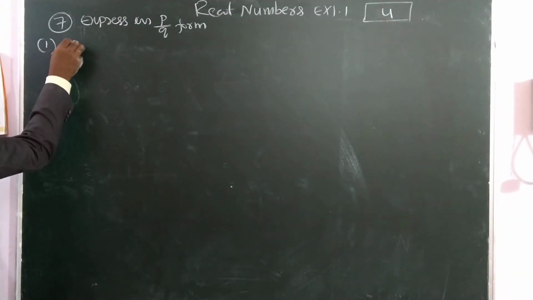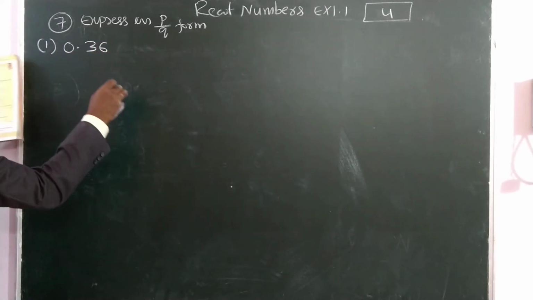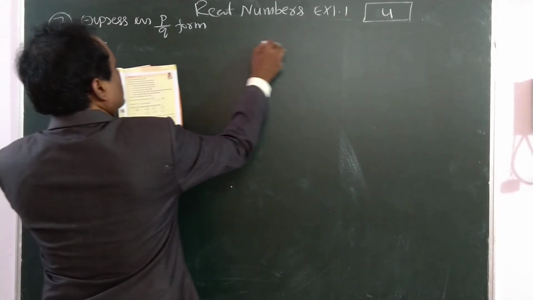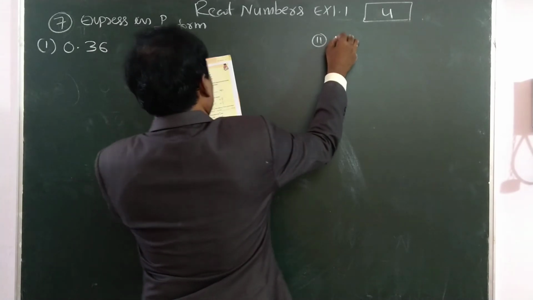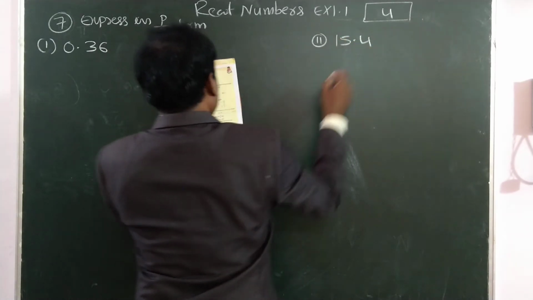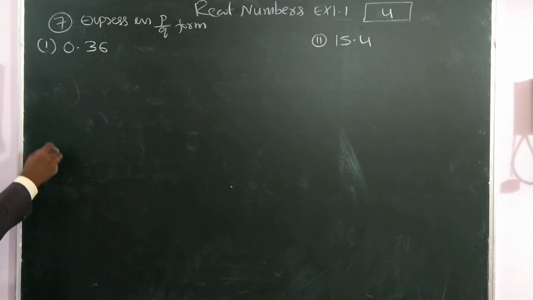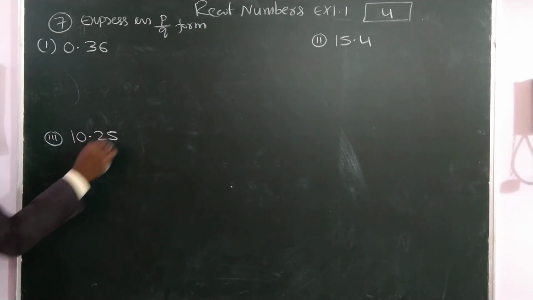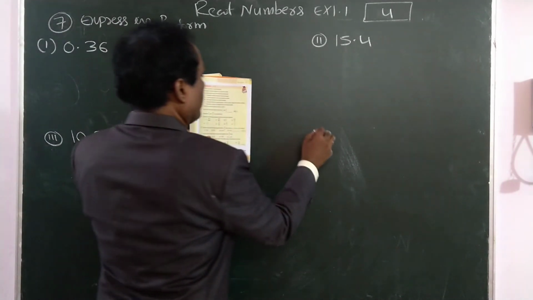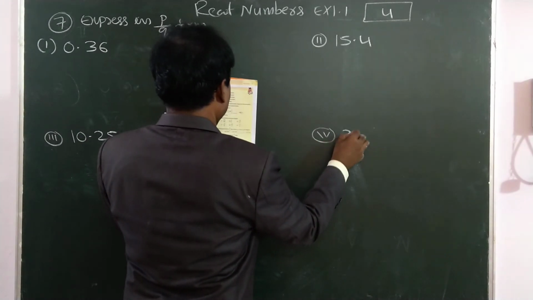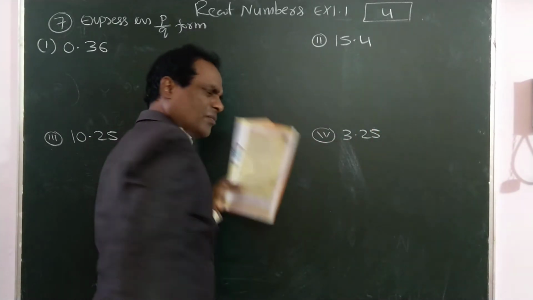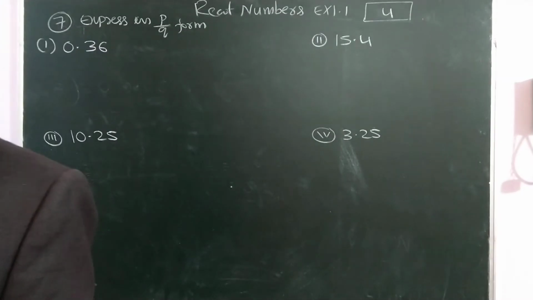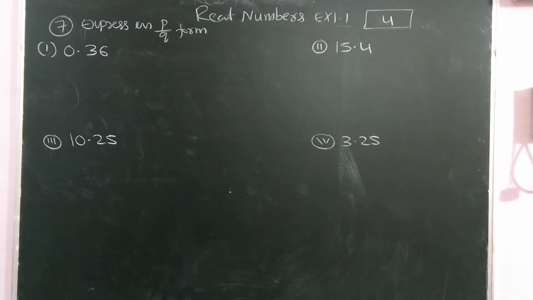Four questions: 0.36, 15.4. Very simple, no confusion. Converting decimal form into fraction form.